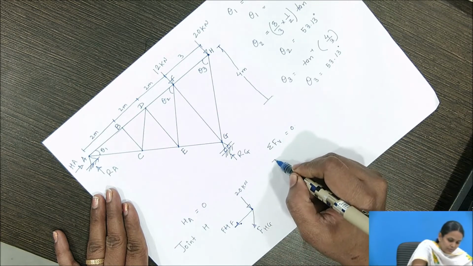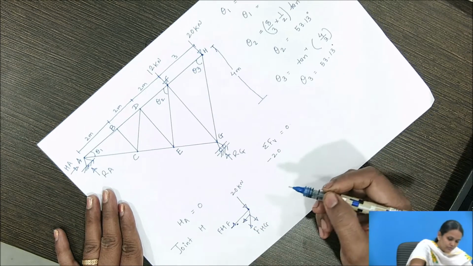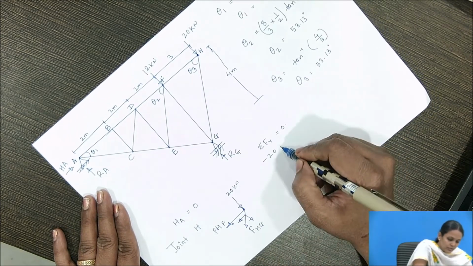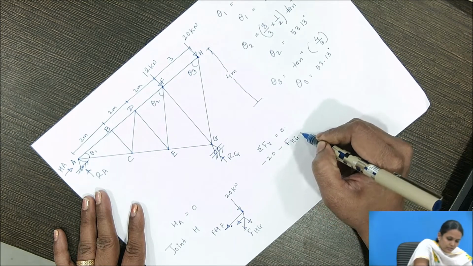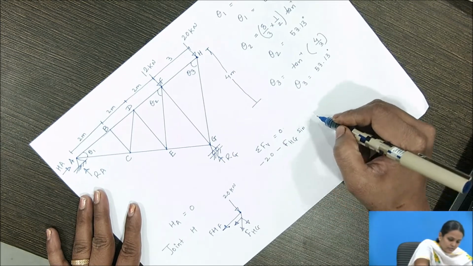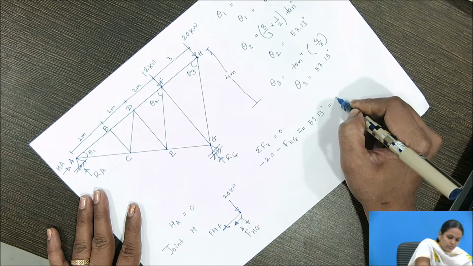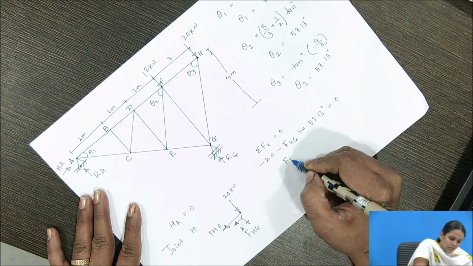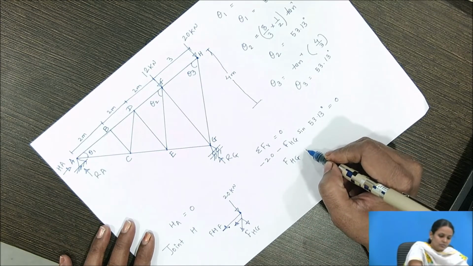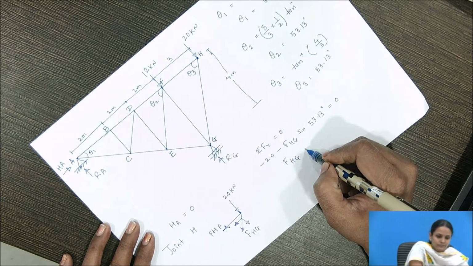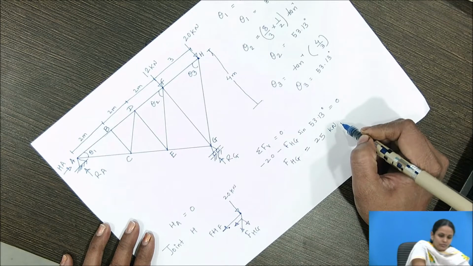So it is minus 20, then the component of the inclined force, minus F_HG sine theta 3, where theta 3 is 53.13 degrees, equal to 0. From this equation we get the force in HG as 25 kilonewton.